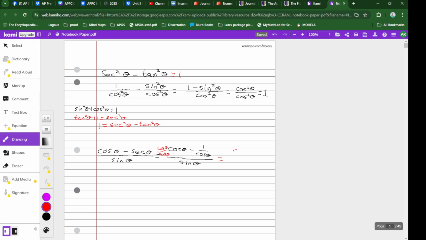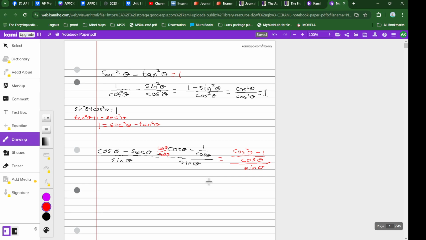So this would give me cosine squared theta minus 1 over cosine theta, and that is all over sine theta.